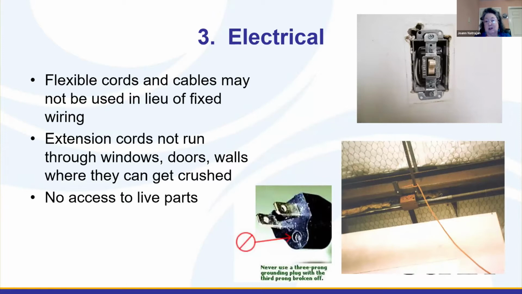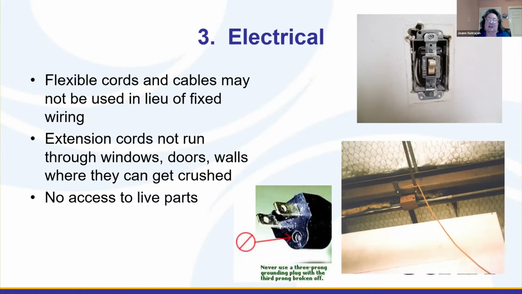One of the other ones that's out there is that you see people stringing flexible cords and cables, extension cords in the facility, such as in the bottom right, and they're using it in lieu of fixed wiring.